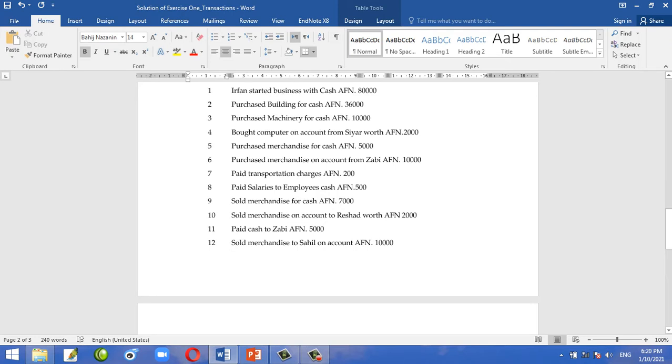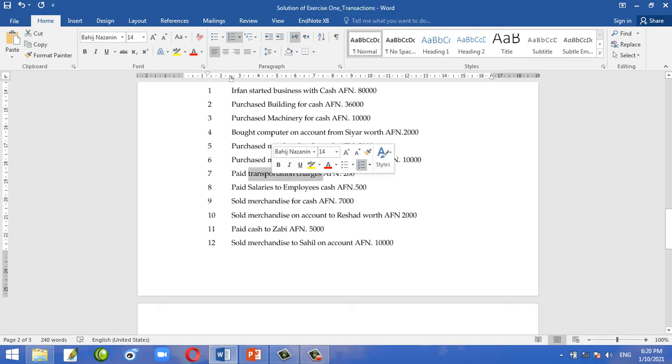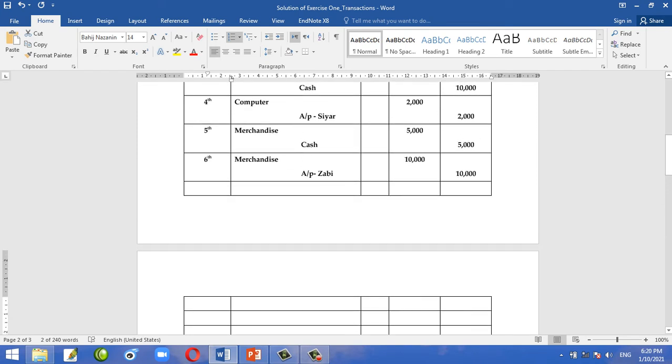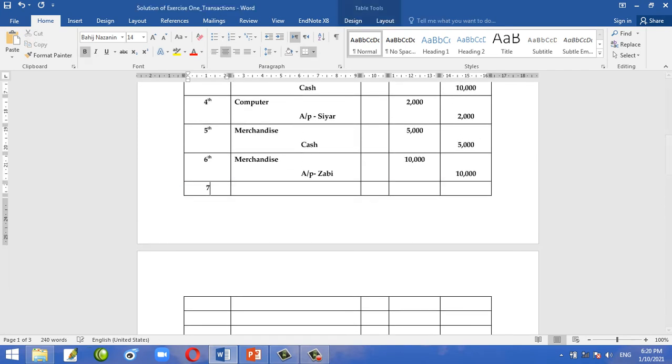So here we have one of these kinds of expenses, that is transportation charge, worth 200 Afghanis. So here we can record that on 7th of October we have expenses. We can write here transportation expenses.